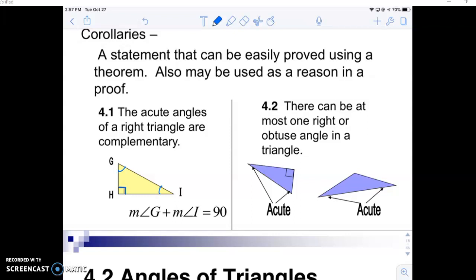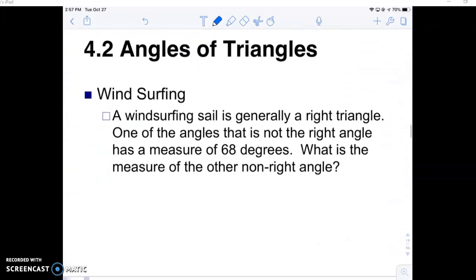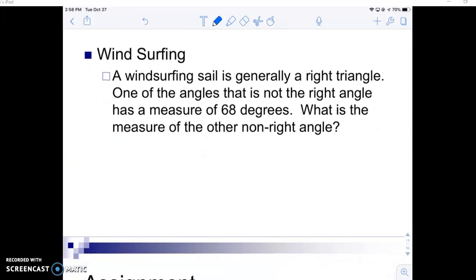You can't have two obtuse angles, because then the angle measurement would be more than 180. Also, you can't have more than one right angle, otherwise the angle sum would be over 180 degrees. So that's what those two corollaries are, just things to keep in mind.